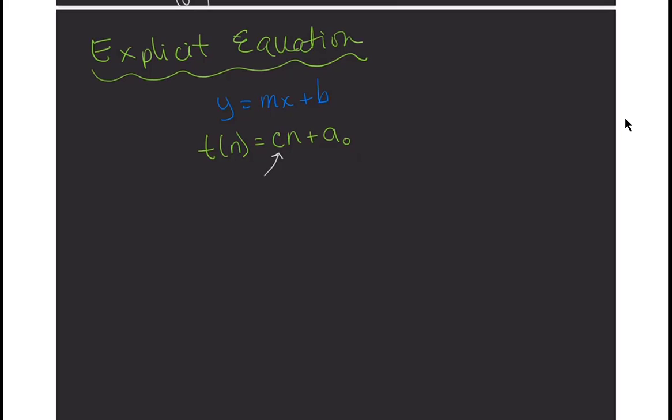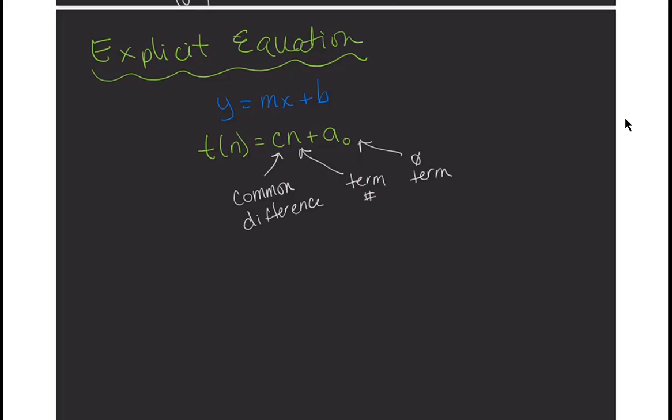C was our common difference. N is the term number. And A of 0 is the 0 term. I'm just going to put a line through there so it looks like a 0, not an O.